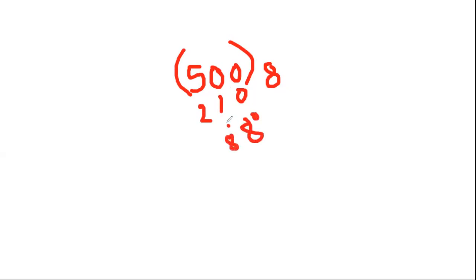I'm talking of 500 in the octal number system, and I want to convert this to the decimal number system. So what we do, if you remember, 0, 1, 2. So this one will be 8 raised to 0, 8 raised to 1, 8 raised to 2.